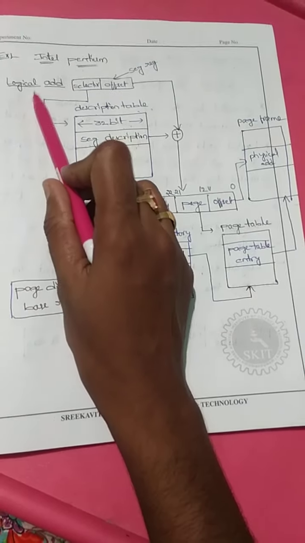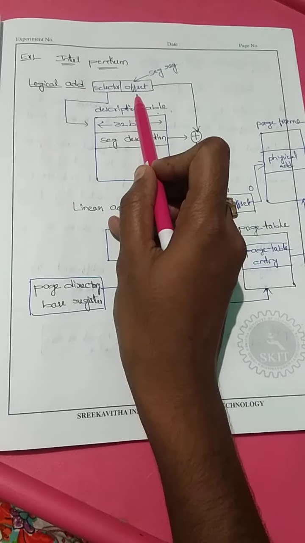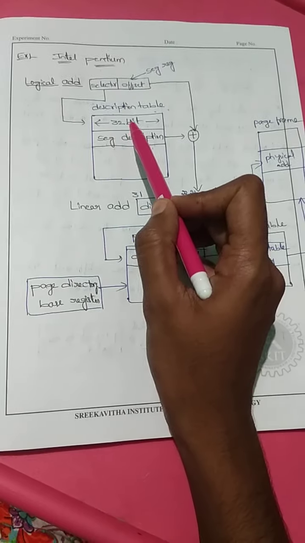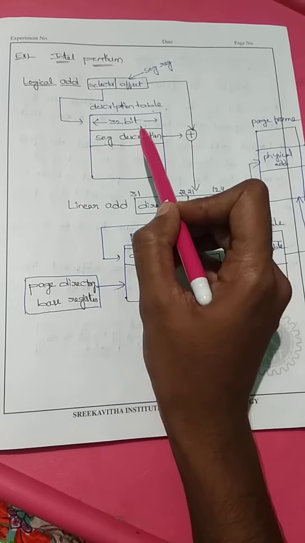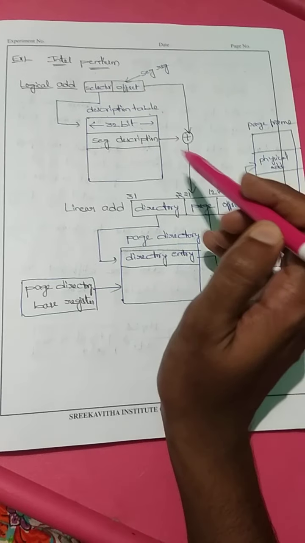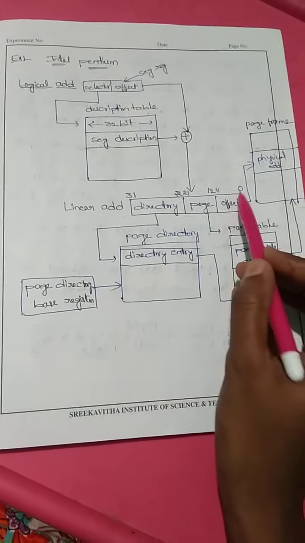So the logical address is converted into a linear address. The logical address has two parts: the selector and the offset. The selector refers to the descriptor table, which has the 32-bit segmentation descriptor, and we have the offset. These will be added and converted to a 32-bit linear address.